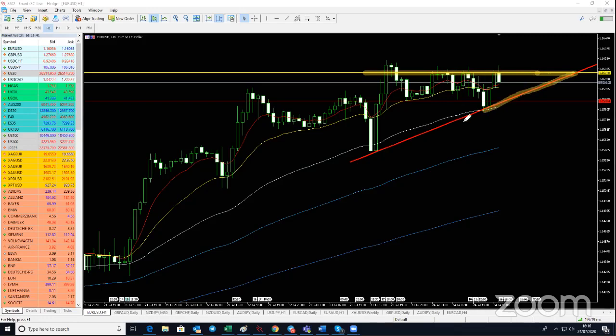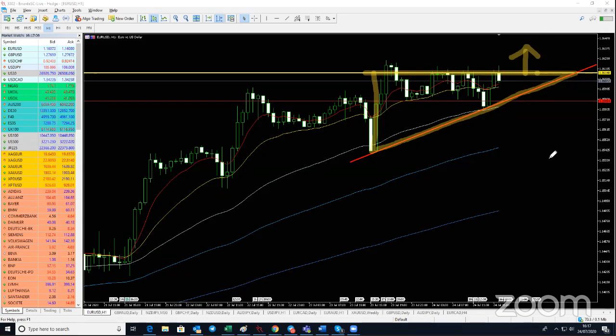Then here downwards, and there. So this is a triangle with the straight line, not the slopey one, the straight line at the very top. Usually in a triangle like this, if the straight line is at the top, that means the breakout is potentially to the upside, not to the slopey side. So this is what I am a little concerned about.